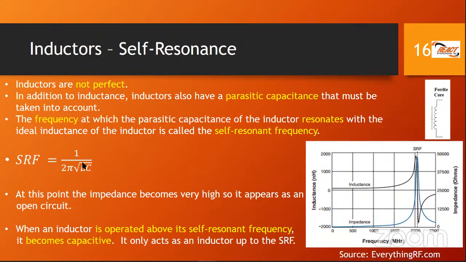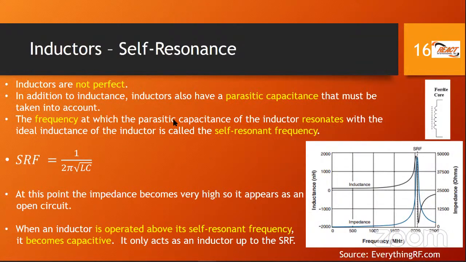We put the formula up, not that you need to learn it, but we have been putting formulas throughout our course, so it's useful for you to see what the SRF formula looks like. It's 1 over 2 pi root of LC. You remember that L is inductance and C is capacitance. That is what the self-resonant frequency is.